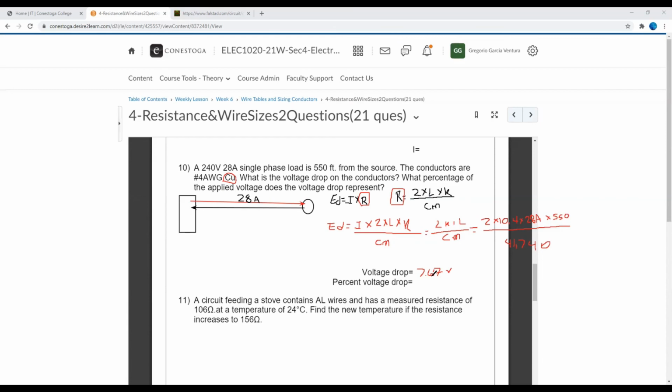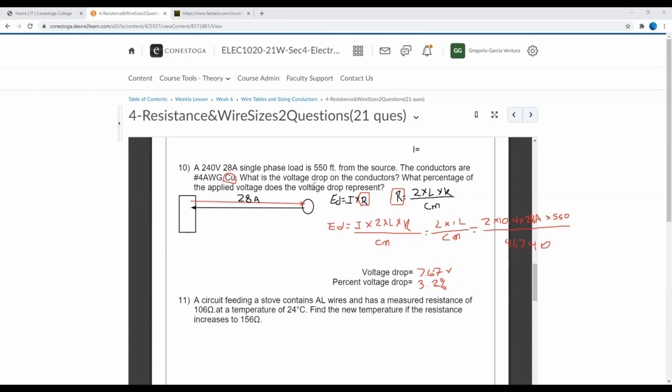So I take my 7.67 divided by 240 times 100. So I get like a 3.2% voltage drop, which is a little bit too much. Okay. So that's going to be the voltage drop that I have. The percentage, 7.67 is equal to 3.2%.